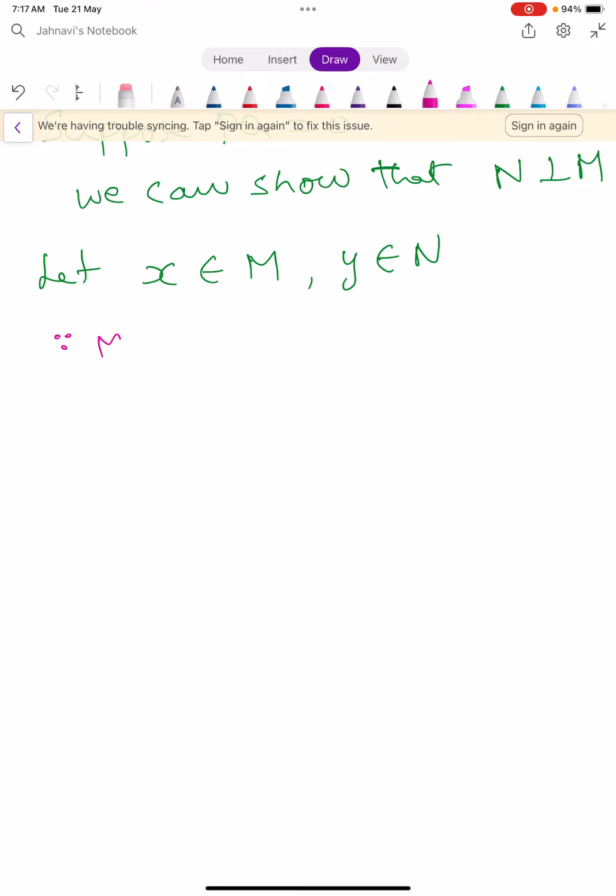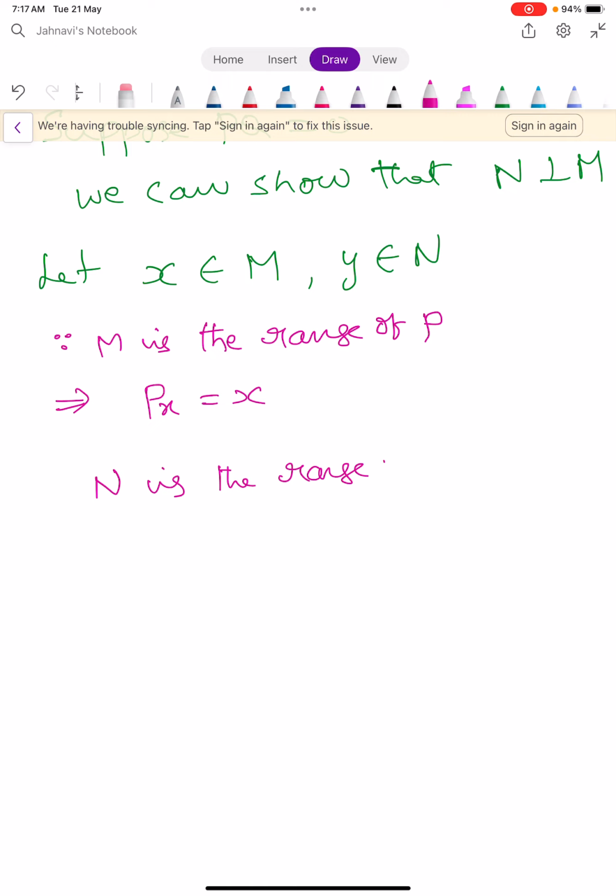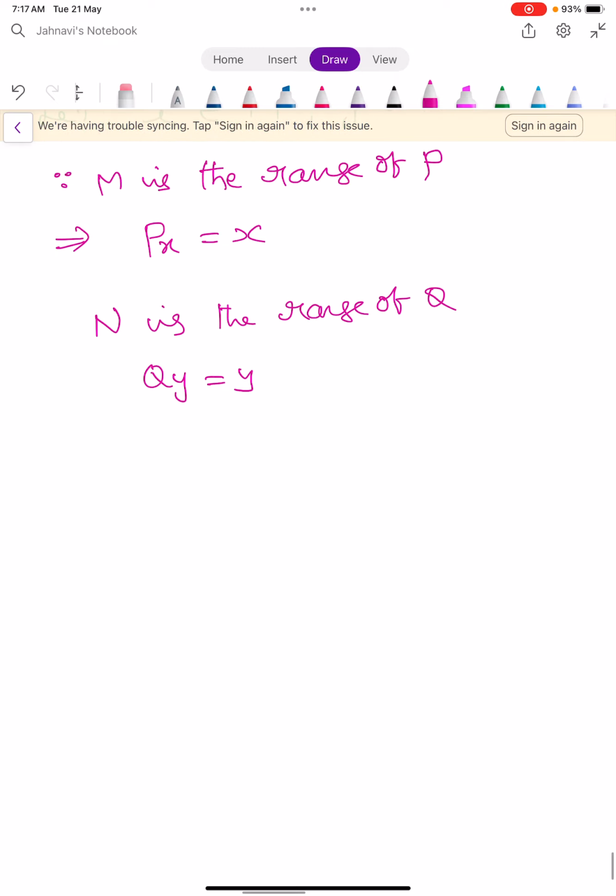Since capital M is the range of P, Px is equal to X, and capital N is the range of Q, then Qy is equal to Y.